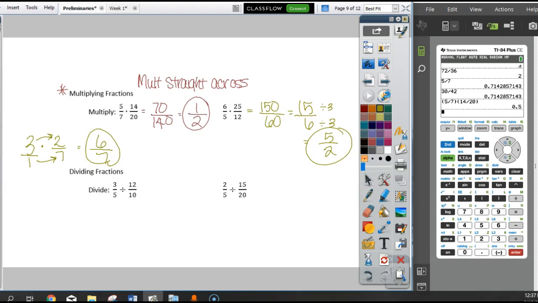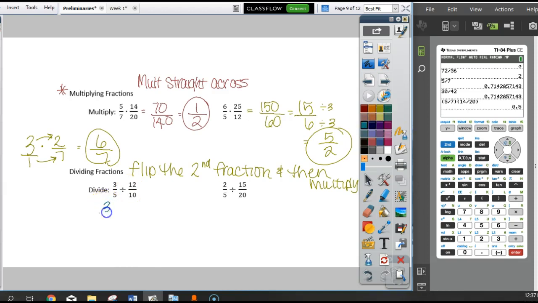All right, so dividing fractions is very, very similar to multiplying fractions, but you flip the second fraction and then multiply. So very similar, but we just have to rearrange our problem before we begin.